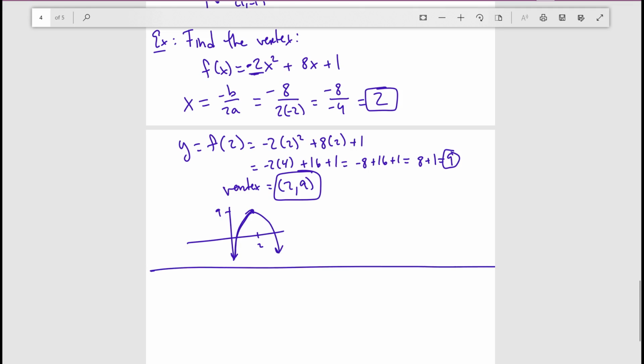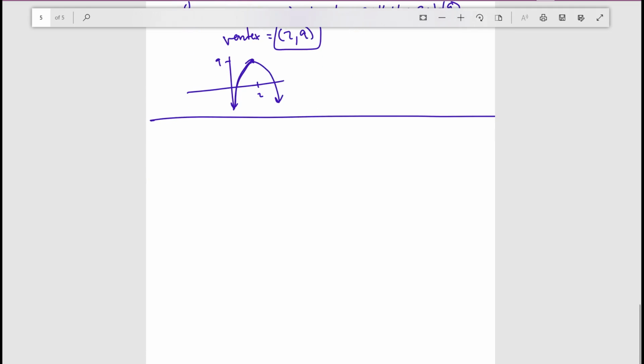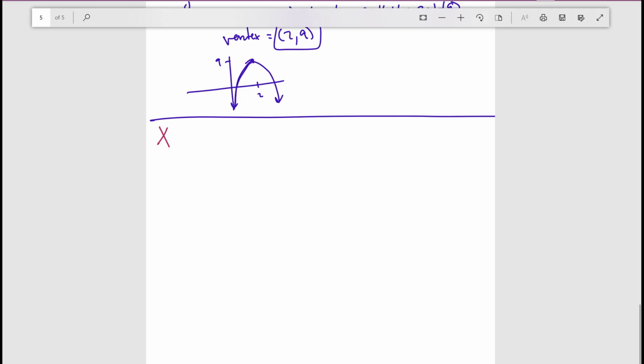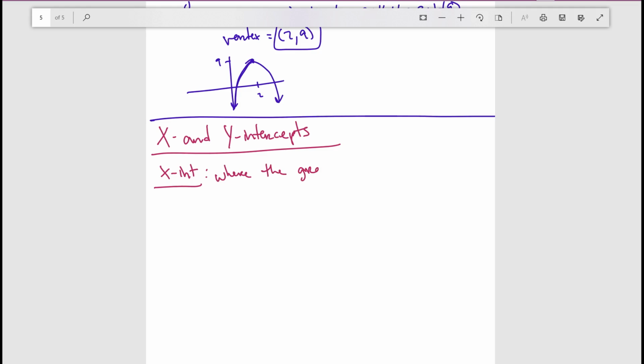Well, another way that you can do it, so right after you find the vertex, something else that you can do to further try to graph it is to find the x and the y intercepts. Okay, so let me just tell you first what an x-intercept is. An x-intercept is basically where the graph crosses the x-axis.